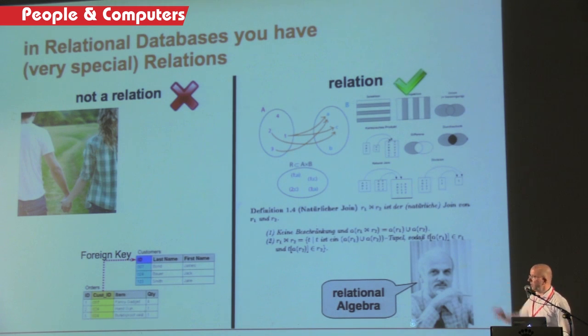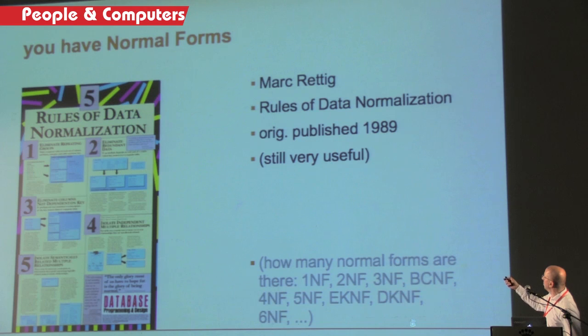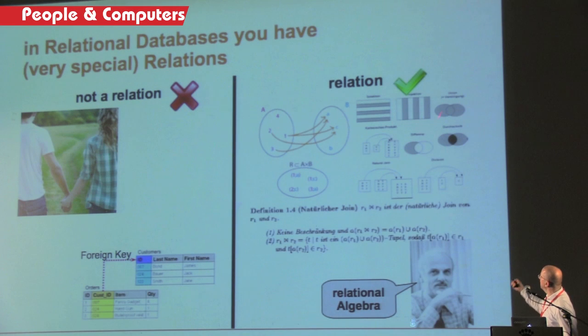They are not a relation between you and your girlfriend, boyfriend, or significant other, whatever. They are also not the relation that you have between one data set and another data set through a foreign key. That's often a misconception of what a relation in a relational database is. It is not. A relation in a relational database is a subset of the tuple space, and there are certain operations on that.